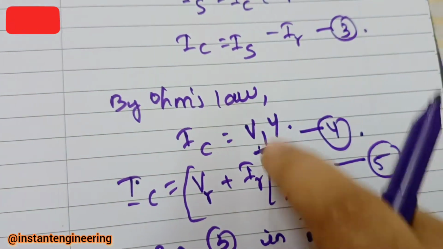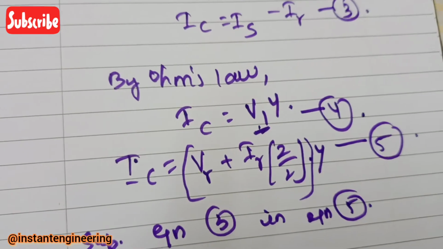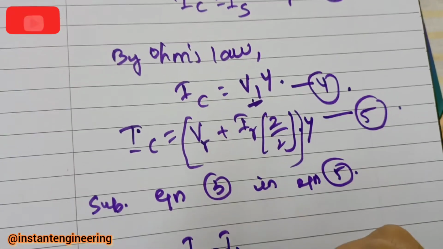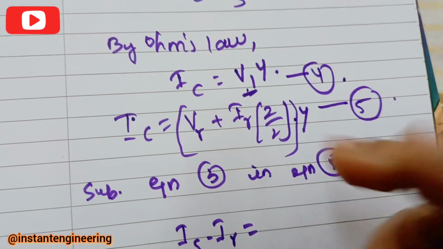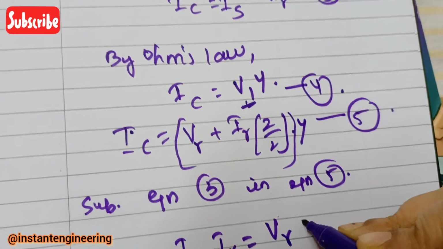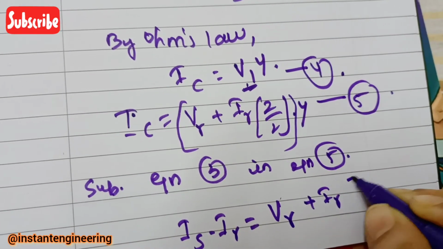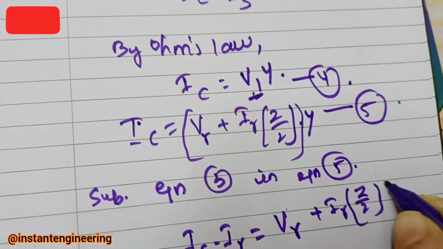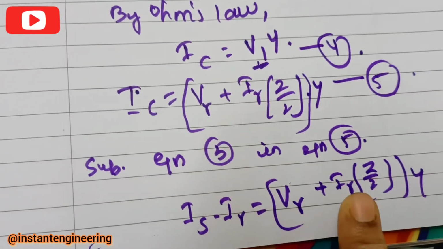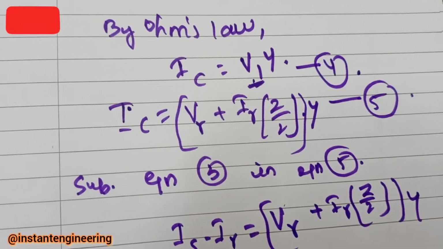So you can equate these two. So you can write IS minus IR is equal to this one, VR plus IR Z by 2 into whole thing into Y. You can otherwise multiply and write. I'll just continue next page.